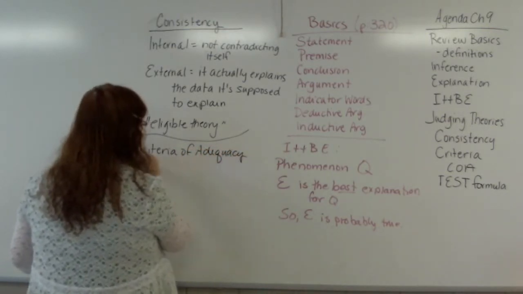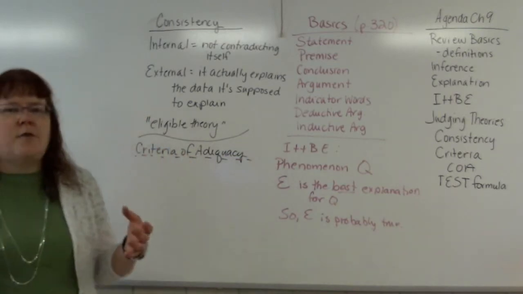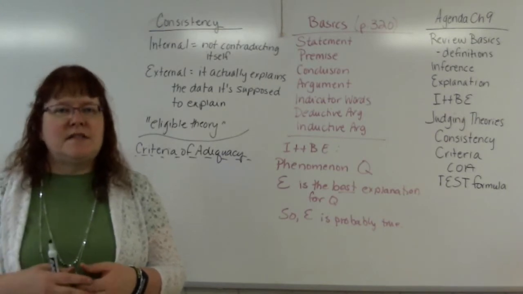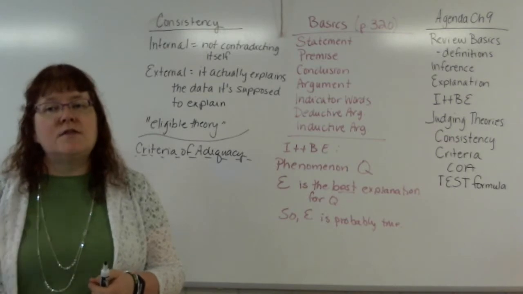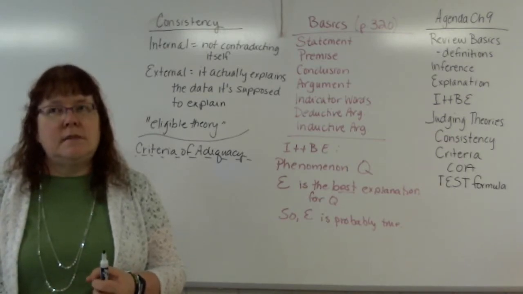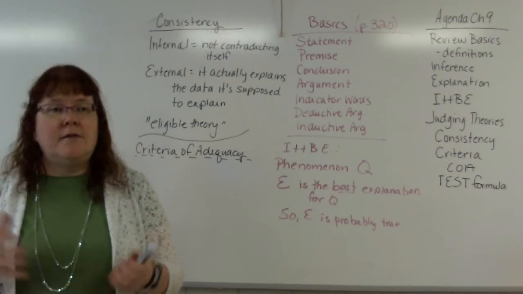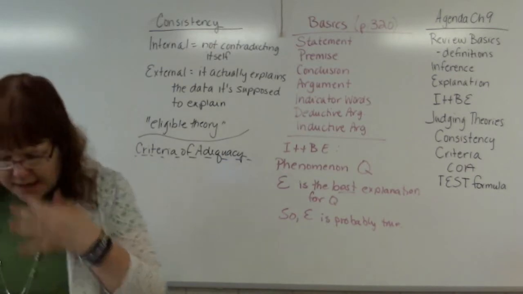Now we don't think adequate is enough. If something's just adequate for the job, we'd like to have something better. But in this case, we're talking about a theory that is worth our acceptance, and it's how we determine which of those that are eligible is really the best one.